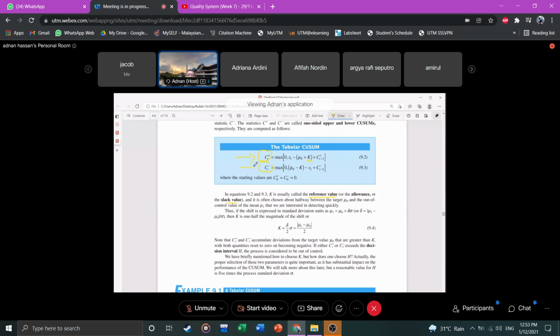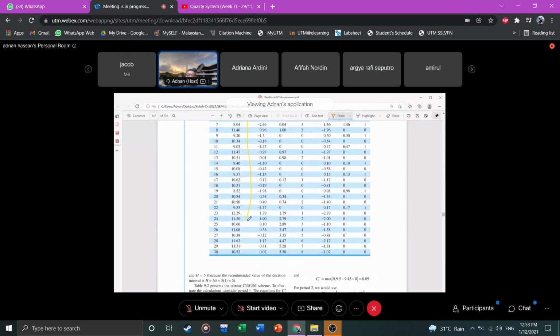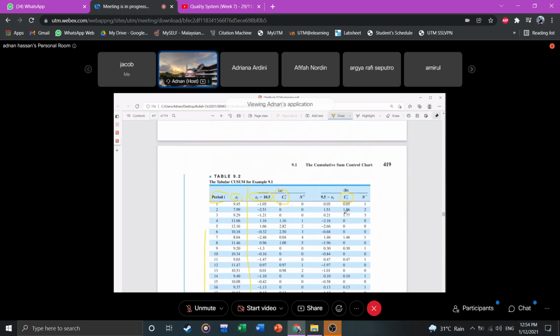Using this formula, we calculate all these values. This data is the same as the previous data. The only addition here is C plus and C minus, using the earlier formula.